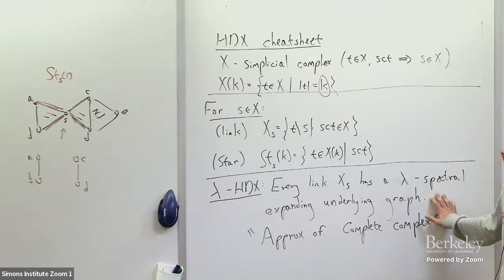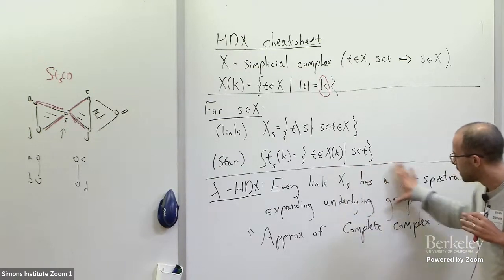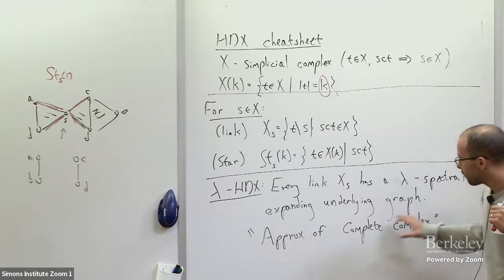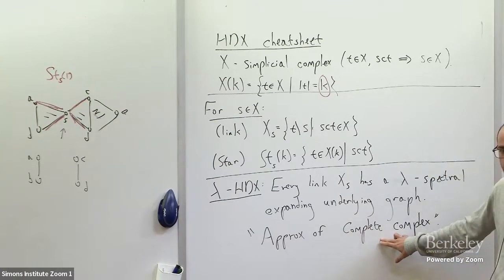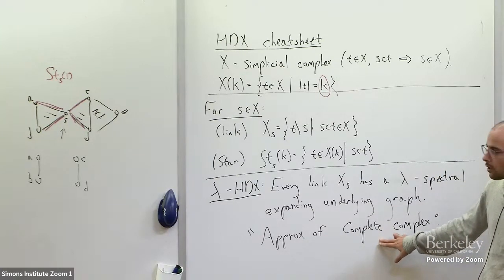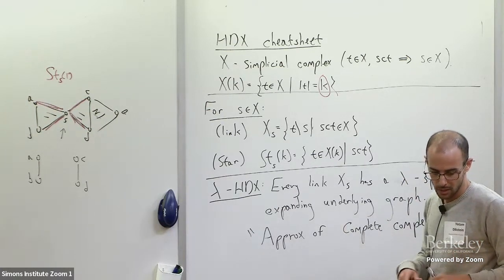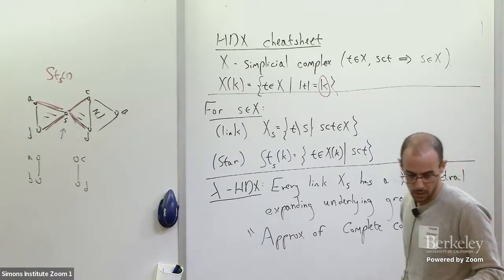Essentially, for the talk today, I won't actually need this link definition. All we really need to remember is that high-dimensional expanders approximate behaviors in the complete complex, the complex that has all possible sets. This is really the essence of high-dimensional expanders, and we'll be more precise.